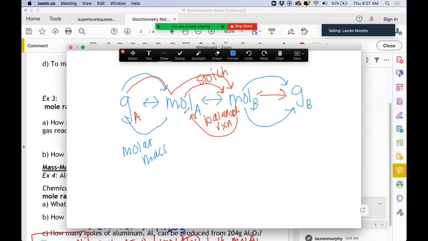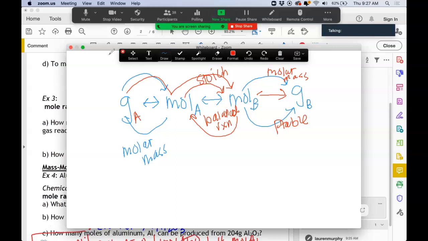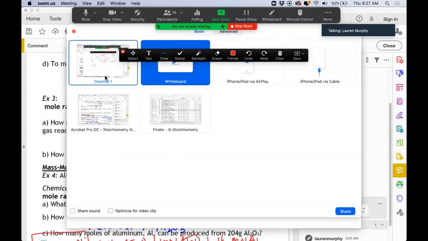So just like grams to moles, moles to grams is molar mass from the periodic table. Okay, so let's practice.